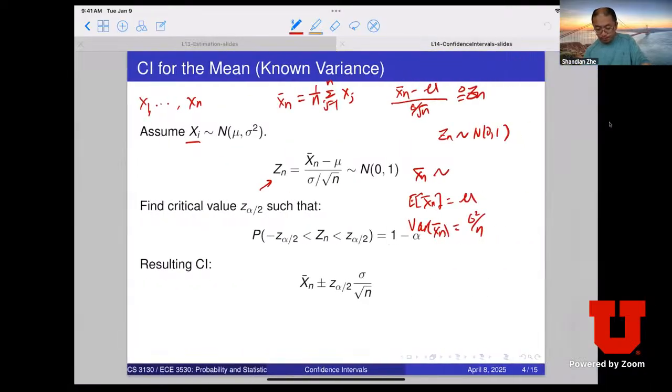So now we know the mean and the variance of the sample mean, and we know that the sample mean follows a Gaussian distribution. That is enough for us to know which Gaussian distribution Xn follows, right? So the mean is mu, and the variance is sigma square over n.